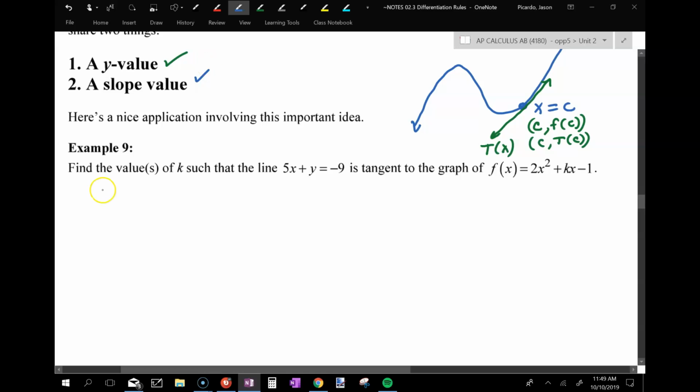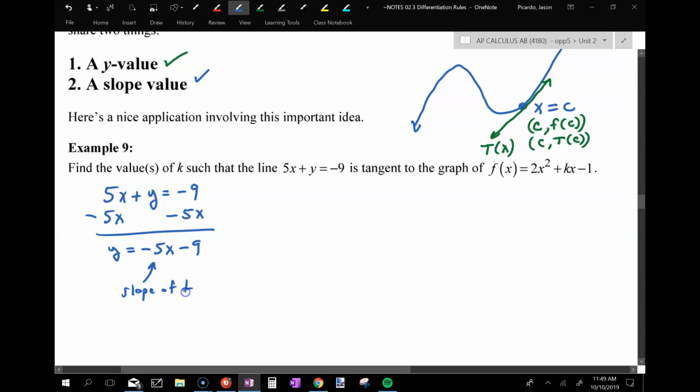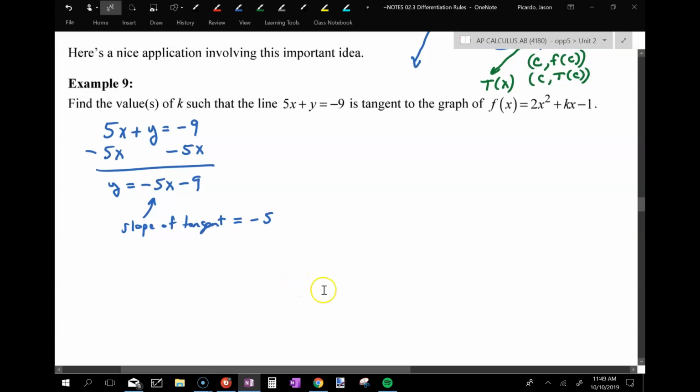All right, let's do that. So I'm going to take this. I'm going to get y alone, right? And I get this, right? So the slope of the tangent is -5 at some value of x.